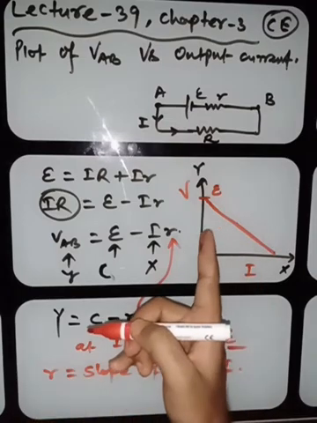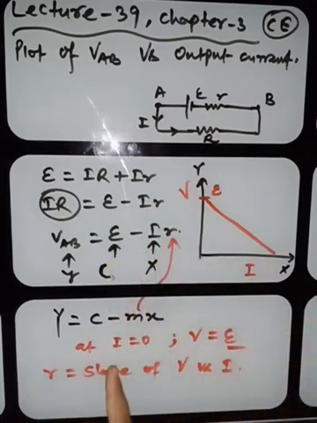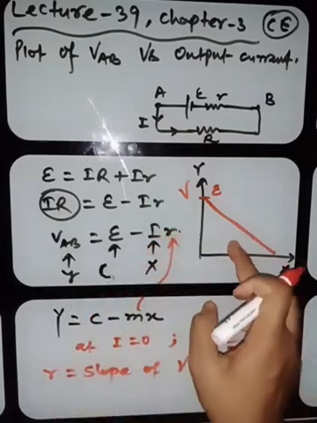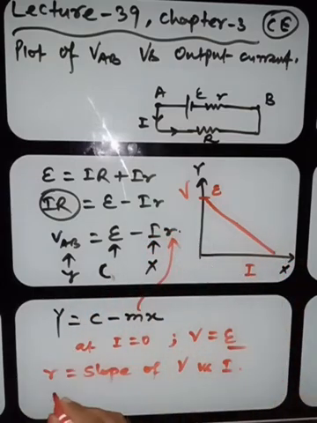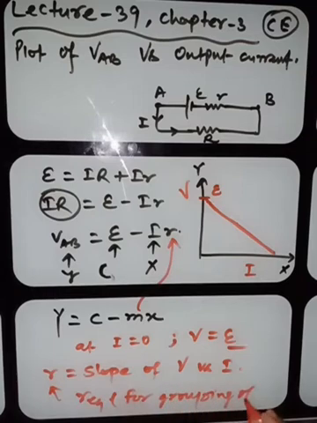If you are drawing the plot for one cell, then of course you can find the internal resistance. But if a number of cells are connected in series or parallel and you get the slope, then this will be the equivalent resistance, for a grouping of cells. For a single cell it is very good, it is the slope, and you can calculate the slope by tan theta.